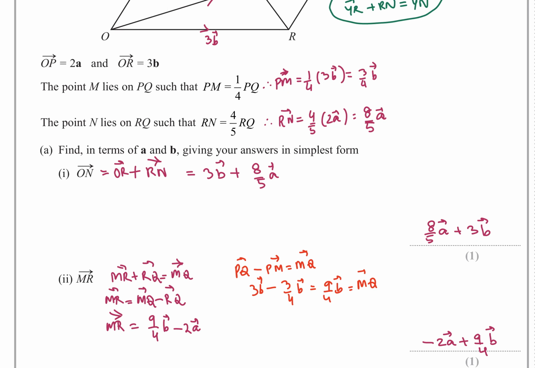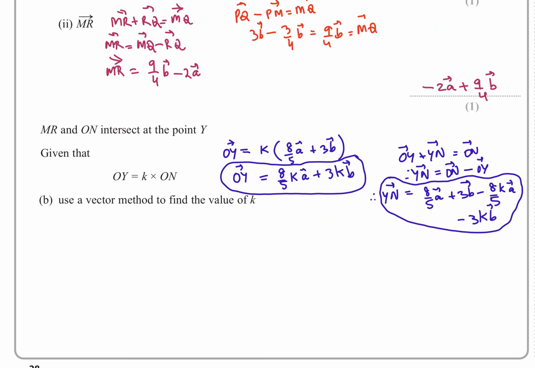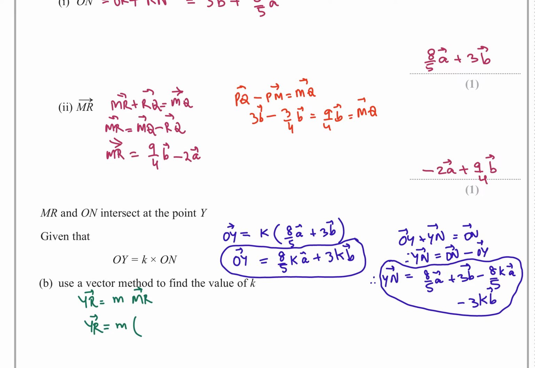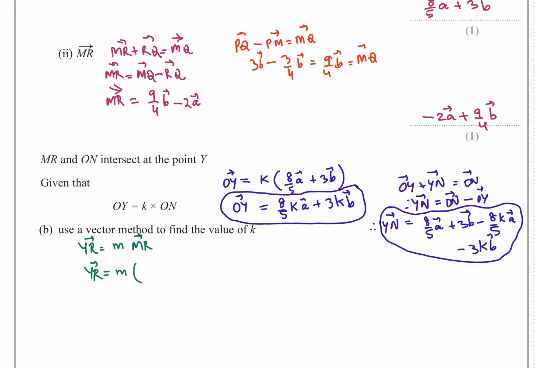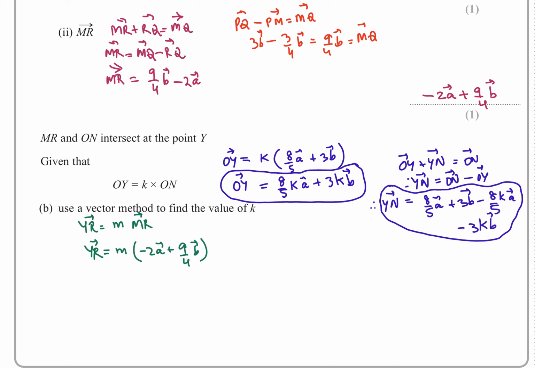We can say that YR is equal to m, a scalar, multiplied by MR. I know MR, minus 2a plus 9 over 4b, we just found out MR. So then I can expand it.